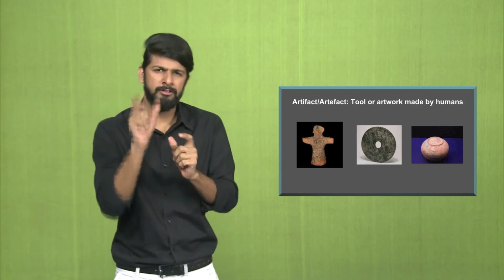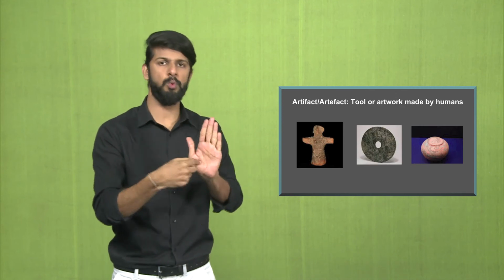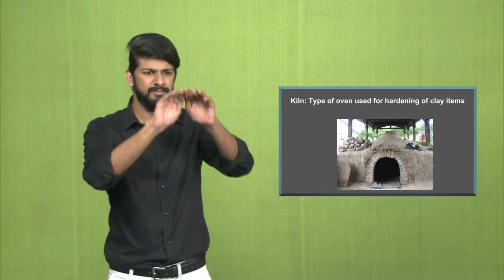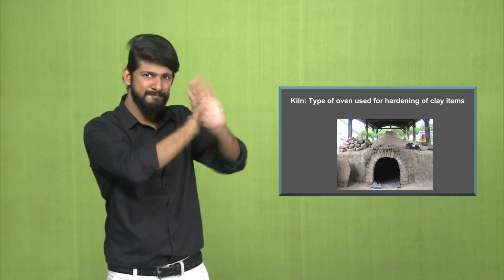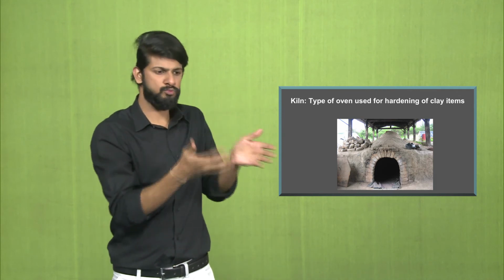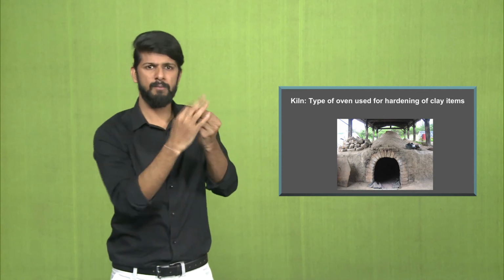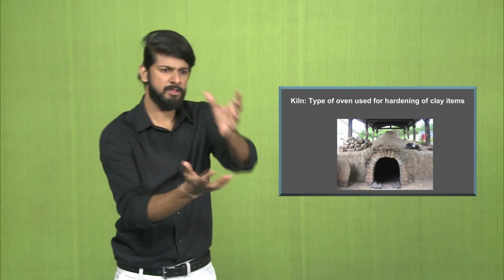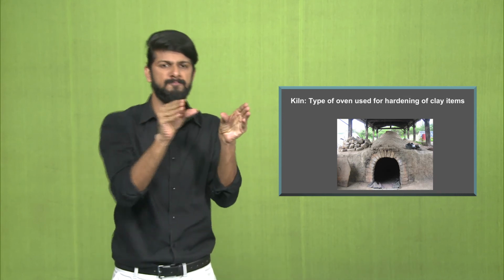For example, we have so many artifacts from IVC, and these were designed by humans for work or art purposes. Kiln is a type of oven which is used for hardening of clay items. So, once the clay item is ready, it is put inside this oven so that it becomes hard and sturdy.